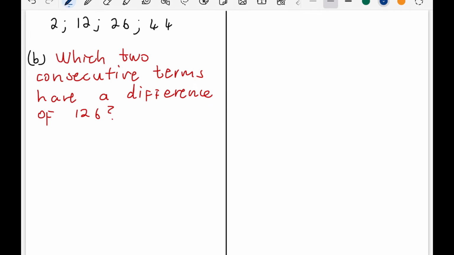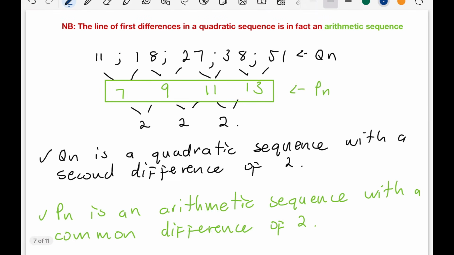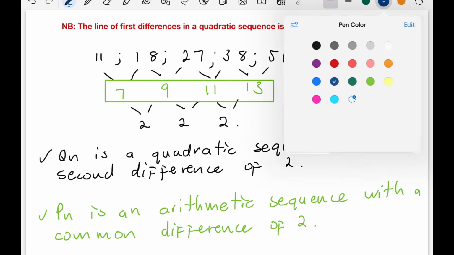Now, this question says, which two consecutive terms have a difference of 126? Before we talk about it, I just want to explain something here, and that is the line of first differences in a quadratic sequence is in fact an arithmetic sequence. Now, what do I mean by that? Let's have a look at this quadratic sequence, 11, 18, 27, 38, 51.